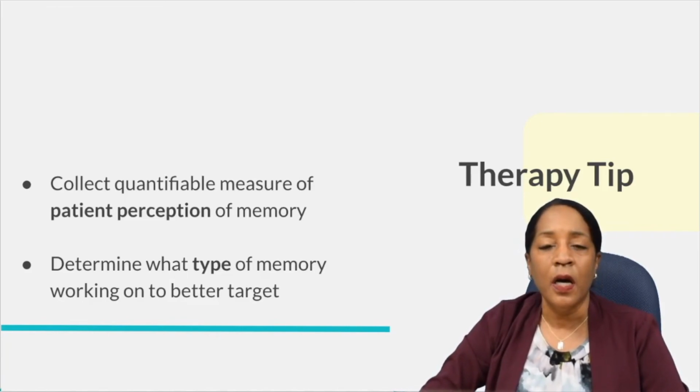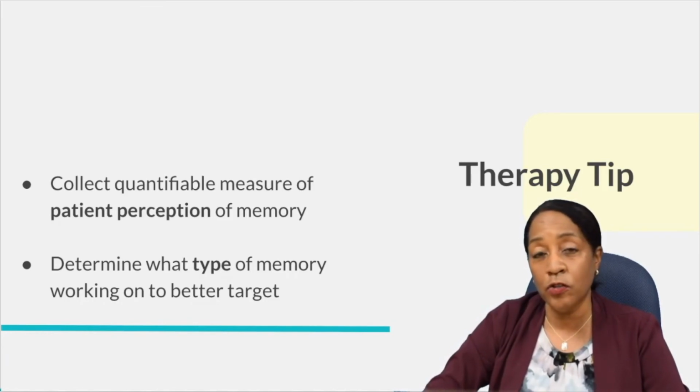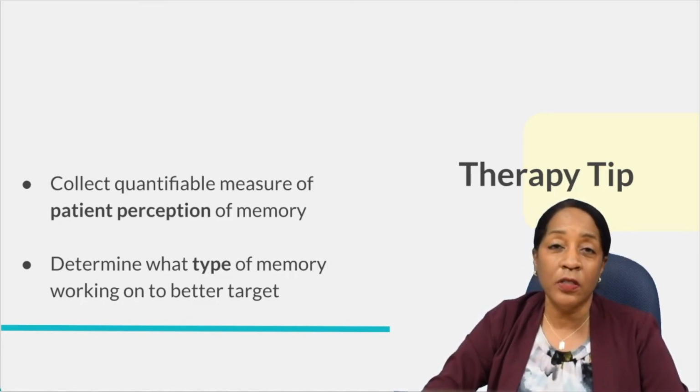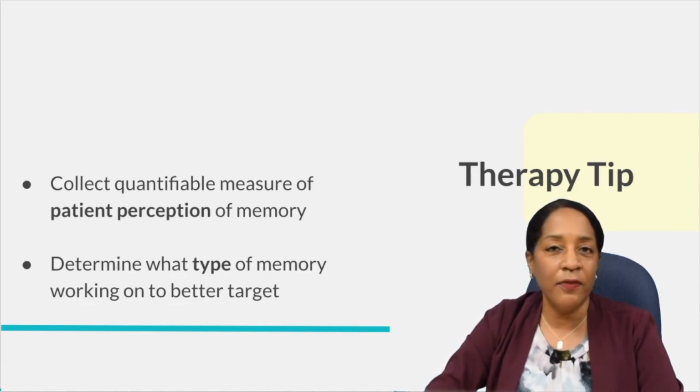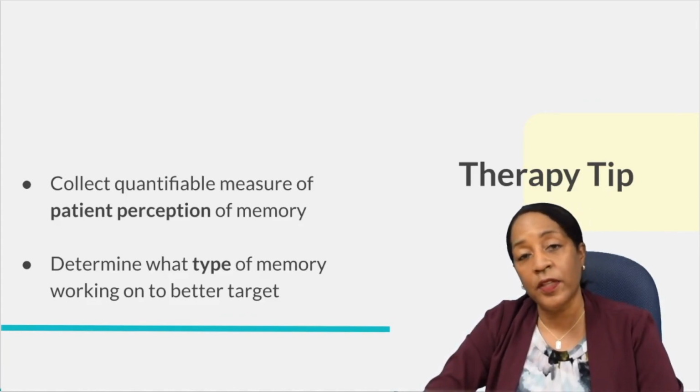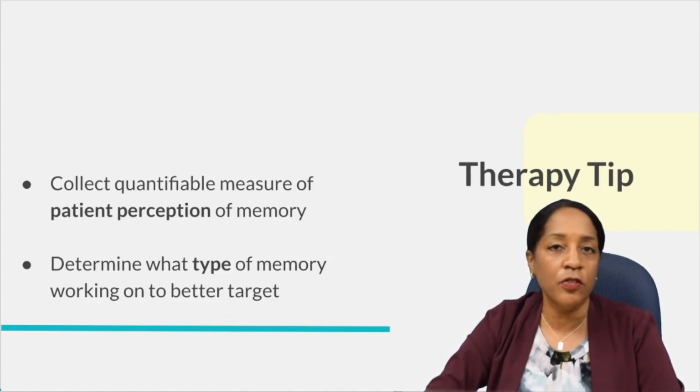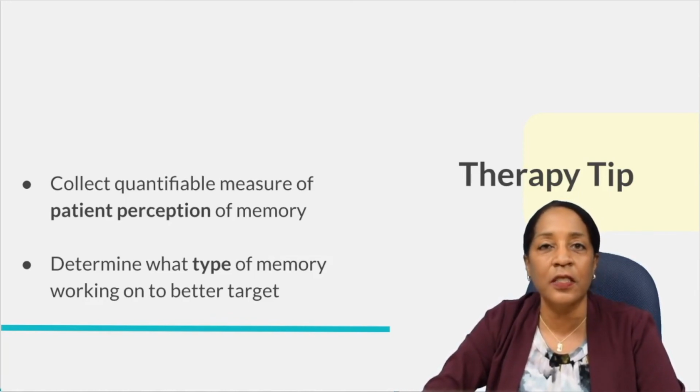It's also helpful to have a reporter, like a spouse or a family member, who can also fill out a portion of that survey or their own version of it. I find that very helpful. And it's something that I do in the beginning and at the end of therapy to determine if the patient thinks that they've done better with some kind of quantifiable measure.